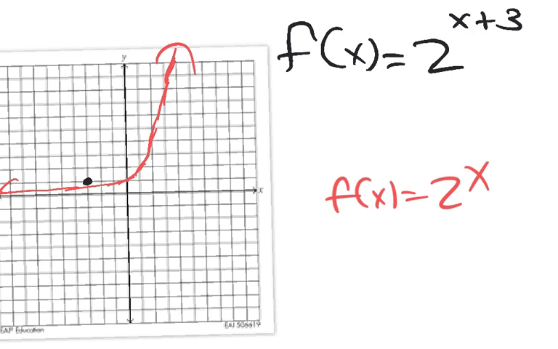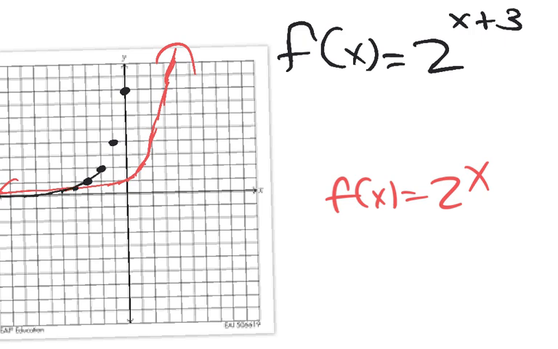The point that used to be at 1, 2 is now at negative 2, 2. The point that used to be at 2, 4 is now at negative 1, 4. 3, 8 is now 0, 8. You see how all those have shifted left 3? Follow? Maybe?